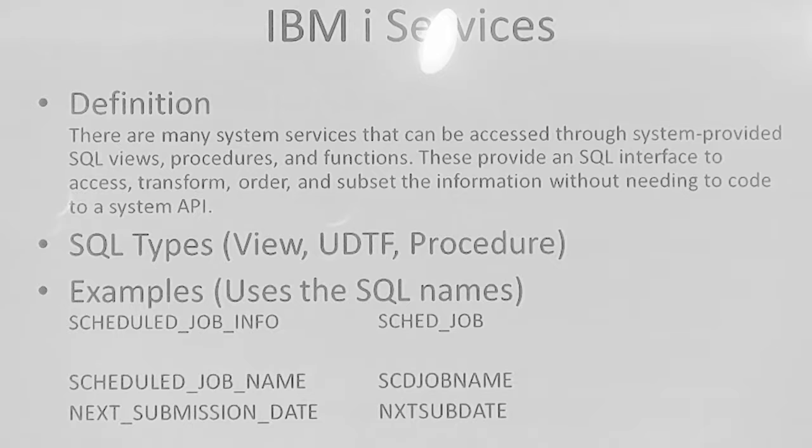In an example here, I'm using SQL names. You can see on the left side, scheduled job info. That's the name of the view. A couple of the columns in it are scheduled job name and next submission date, all spelled out with underscores. On the right there, you can see SBMJOB.